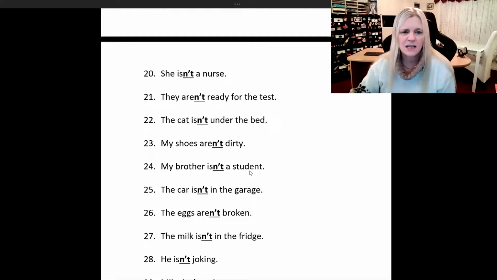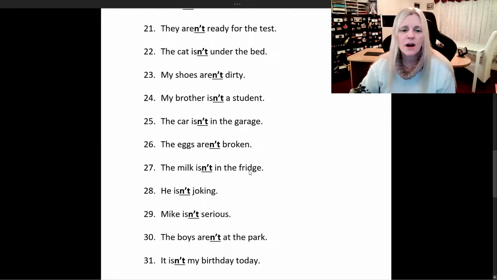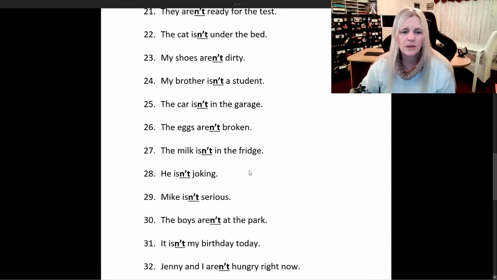The cat isn't under the bed. My shoes aren't dirty. My brother isn't a student. The car isn't in the garage. The eggs aren't broken.